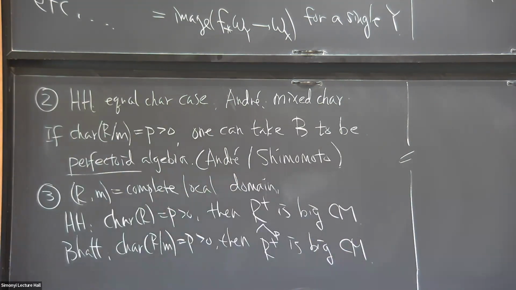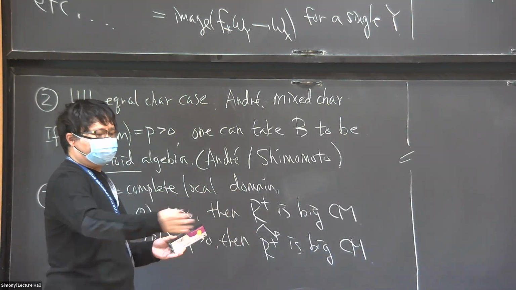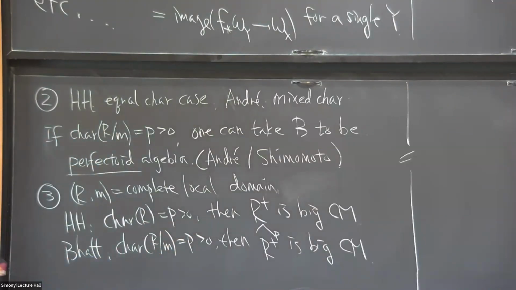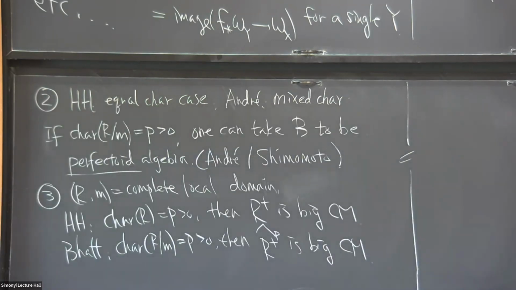Okay, so R plus is the absolute integral closure. It's the integral closure of R in an algebraic closure of the fraction field of R. Okay, it's still very huge, but it's a very explicit object. You can view it as follows: you fix an algebraic closure of the fraction field, and R plus is just the direct limit of all the finite extensions of R inside that.